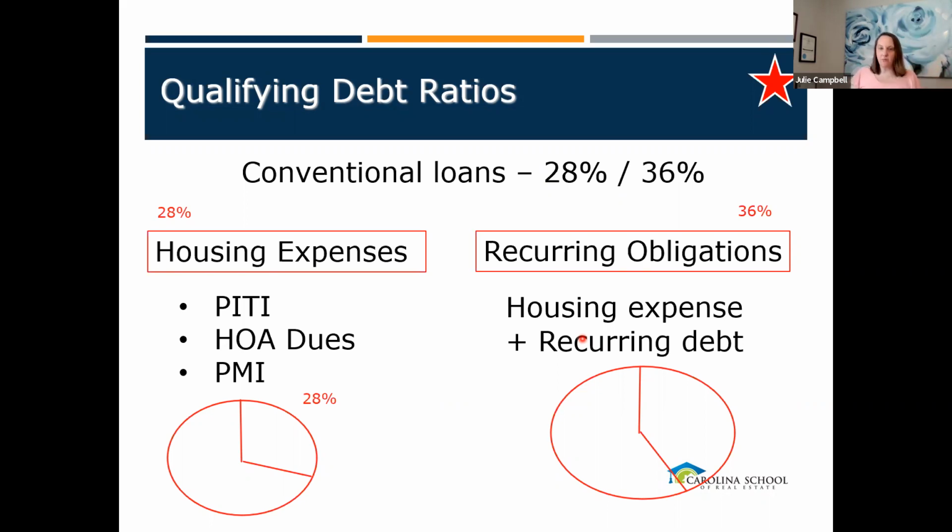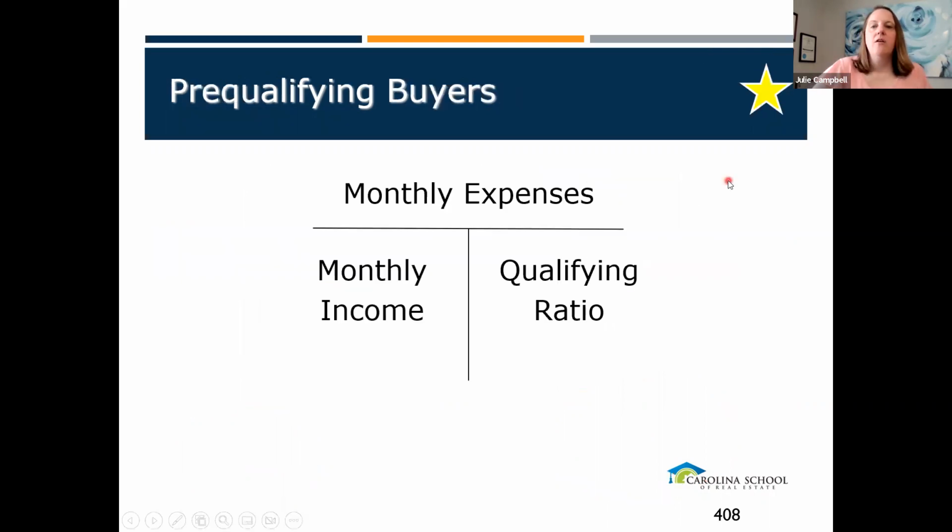So in just a second, we're going to take both of these ratios. We're going to work some examples together in class, of course, and we're going to talk about these. But let's go ahead and look at our formula. Anytime we qualify a buyer, we're going to use the same T-bar twice.